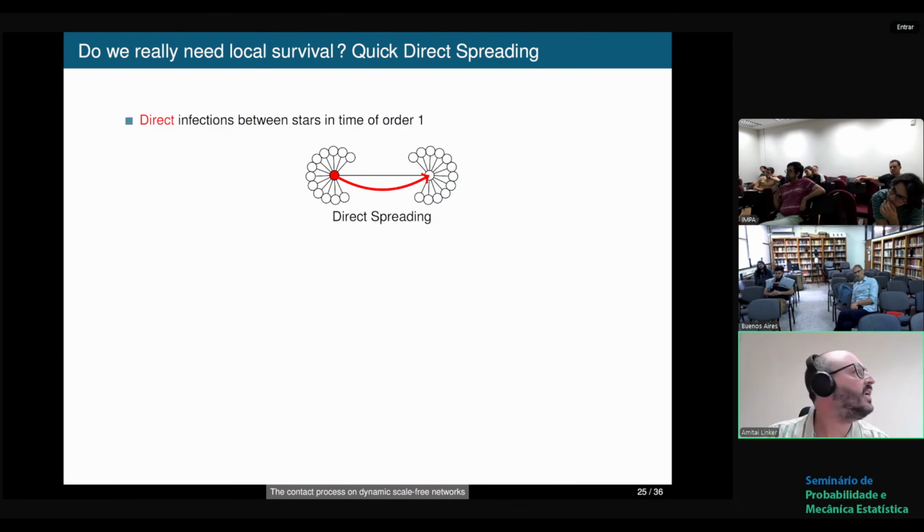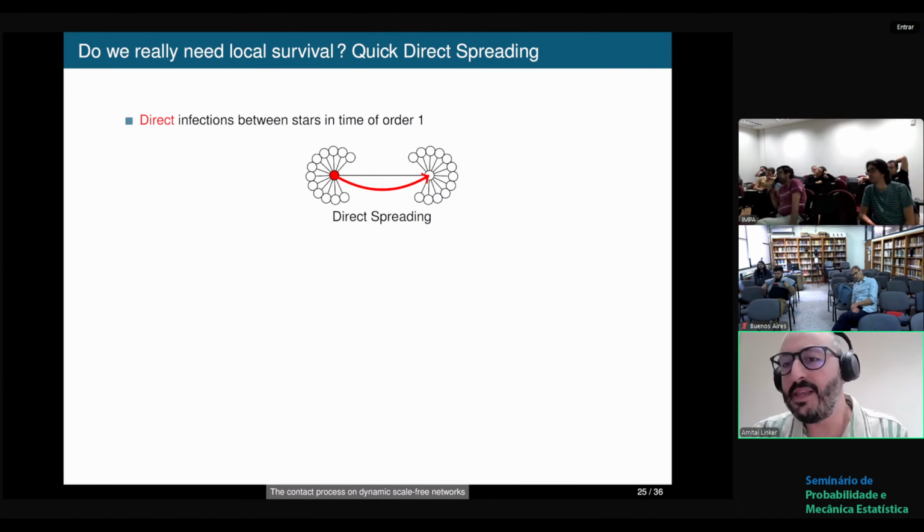And there's also for the contact process, at least when lambda is very, very close to 0, you don't really care much about the mixing of the non-stars. You only care about what happens at stars, because the infection dies out really quickly on the connectors. So I think that this should be the thing to study.